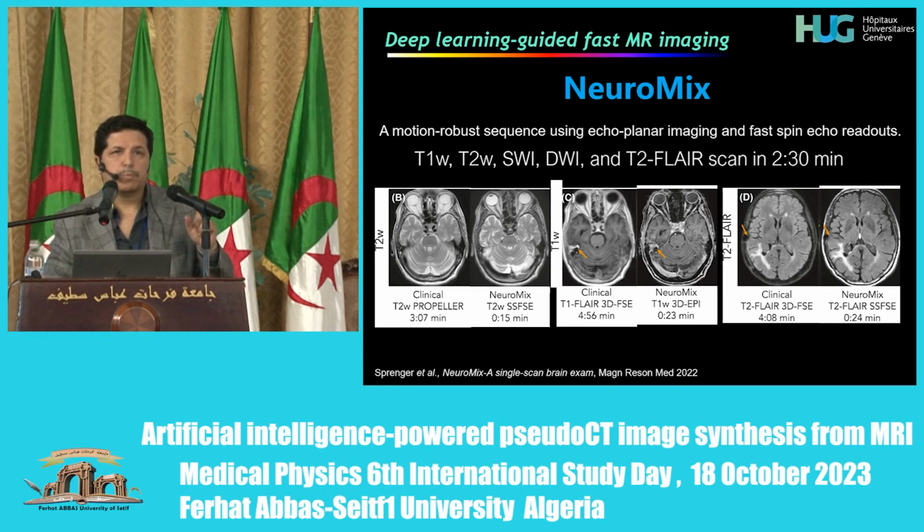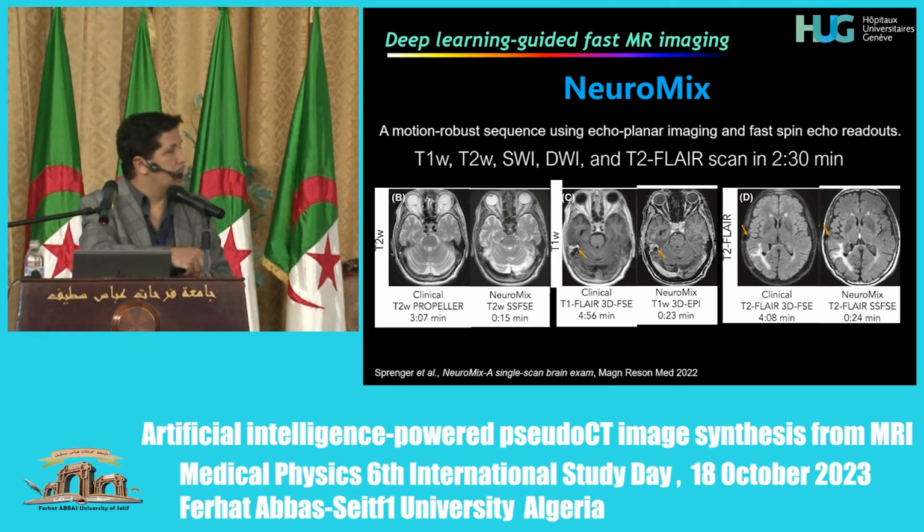The key issue here is the acquisition time for MRI, which tends to be very lengthy. One of my PhD students spent 6 months at Stanford University in California, working on the NeuroMix sequence. It's a multi-contrast sequence involving T1, T2, DWI, and so on.